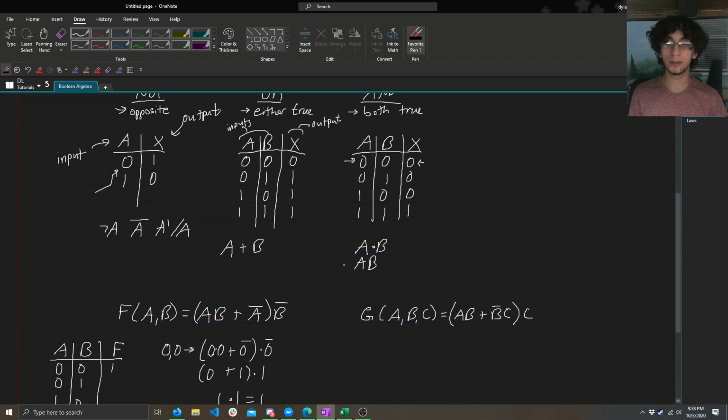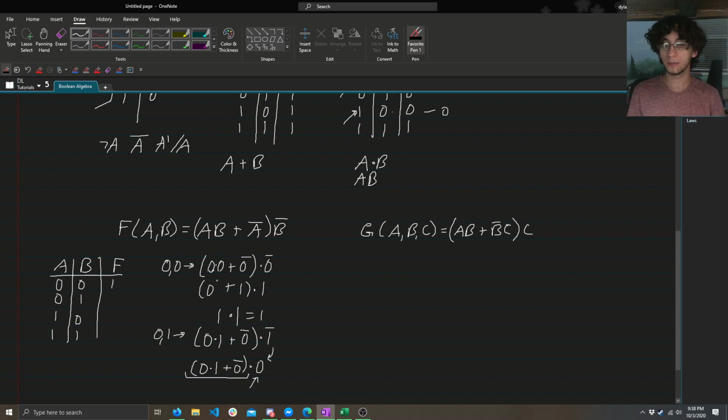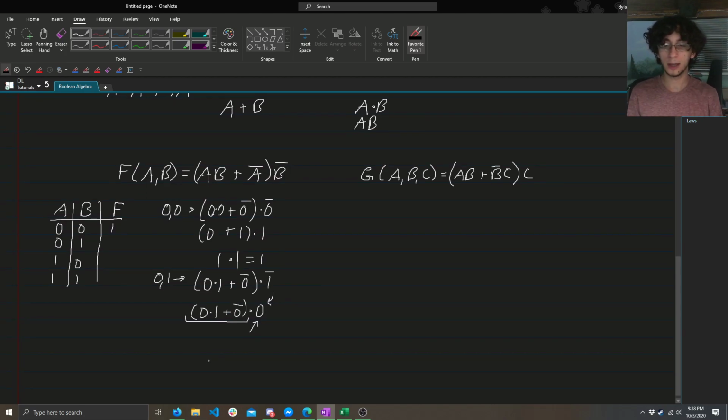Well, anything ANDed with 0, here's our anything, that's on the left here. So we've got 2 places, and both of them are 0. Therefore, we can just say that this is equal to 0.